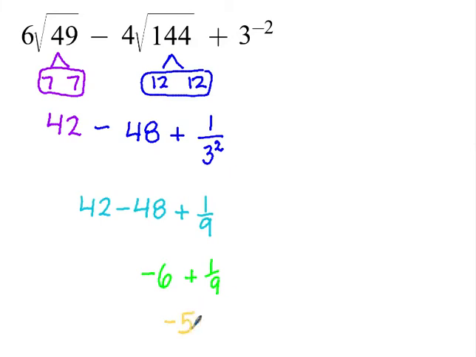Negative 5 and how many ninths? 8 ninths. Yep, good job. Another way you could write that would be negative 53 over 9. Now, depending on whatever answer you're given on the multiple choice, that's what you'll have to answer.